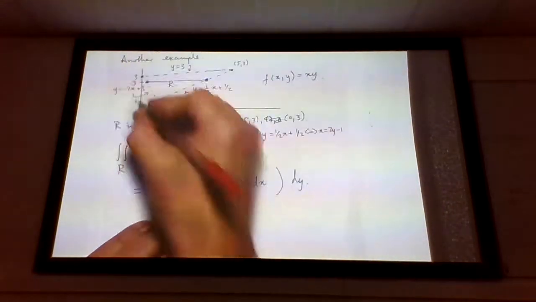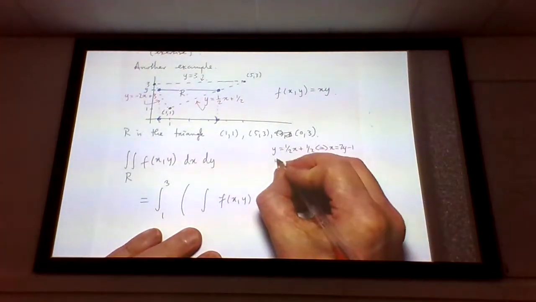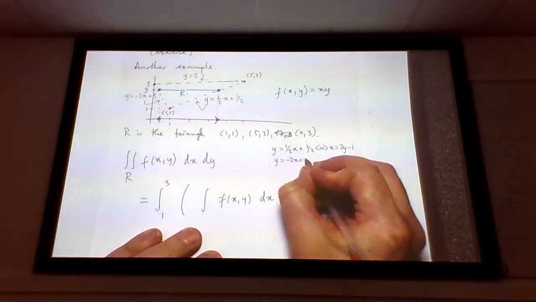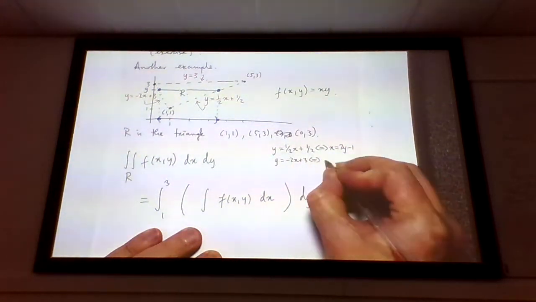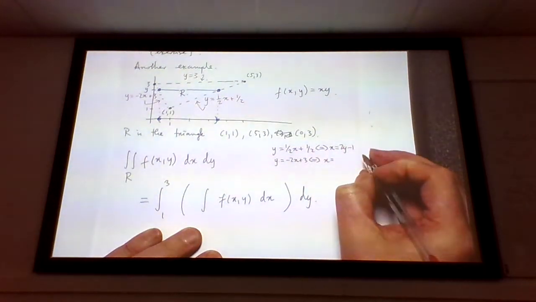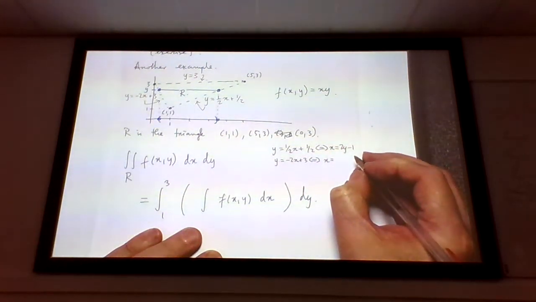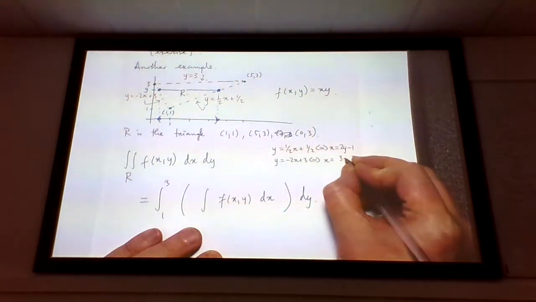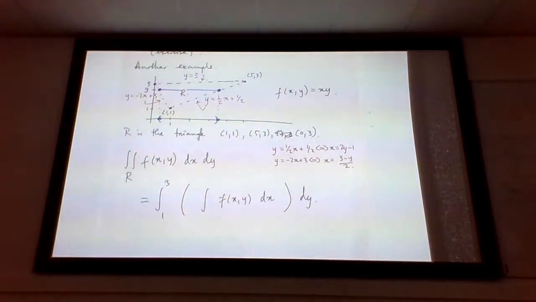And the other line, y equals minus 2x plus 3, is equivalent to saying x is (3 minus y) over 2.